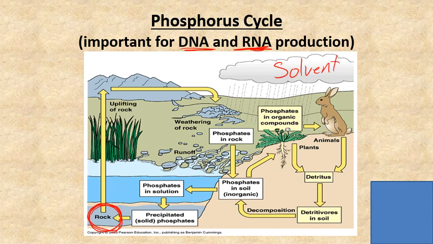As rain runs over these rocks and weathers them, it can dissolve and pull that phosphate out of the rocks. So when it becomes part of the soil, plants will take it up, and then the animals will also eat it.